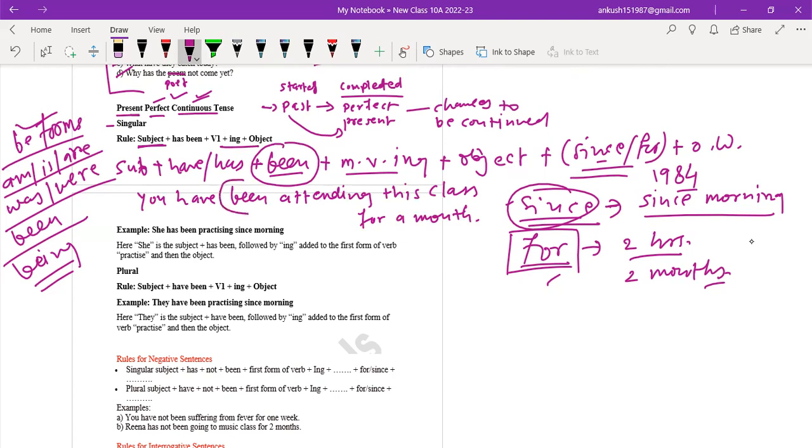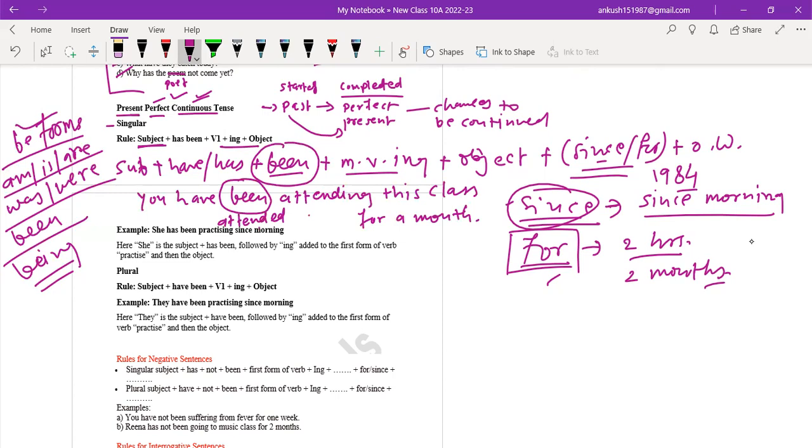Suppose I had not used been here, what would the third form of attend be? Attended, right? So is it grammatically correct to use attended with attending? No, it is not correct in grammar.